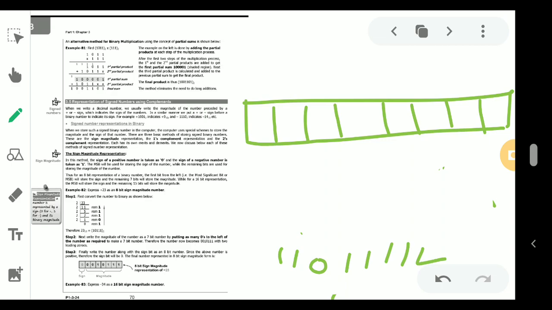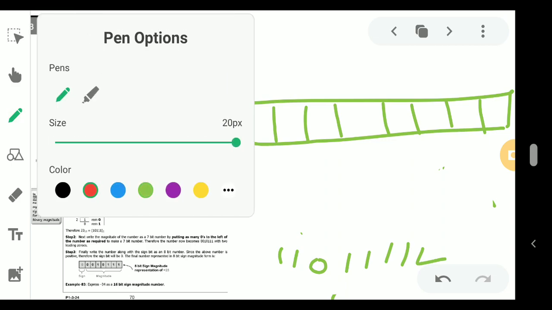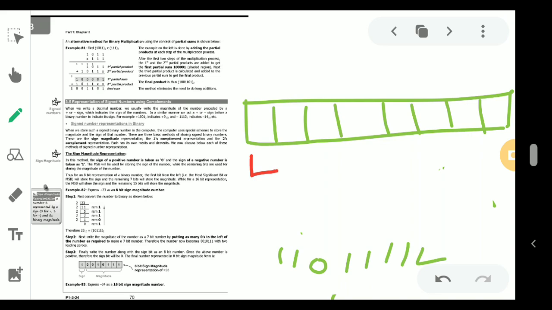The first bit is known as the MSB bit. If you want to represent a positive number, the representation starts with 0 value. So here you put 0.